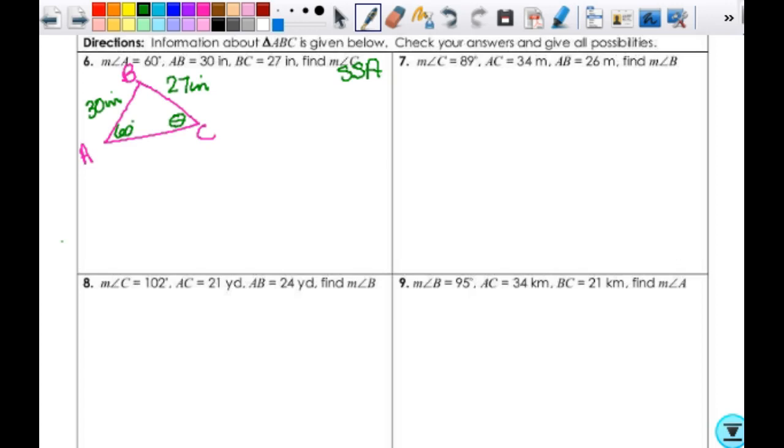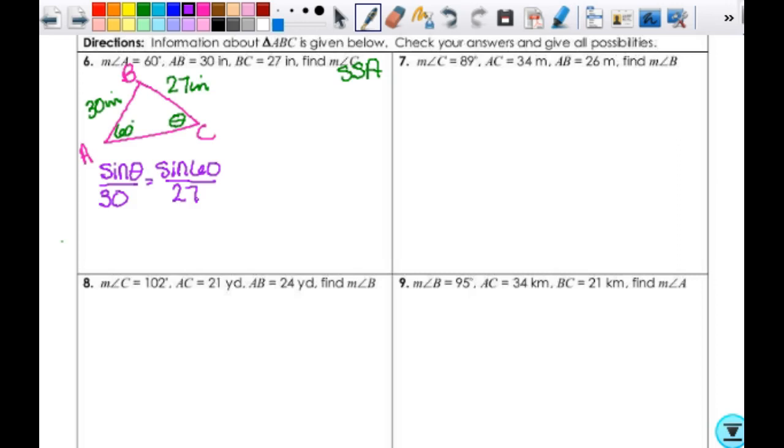All right, so let's go ahead and get this set up using the law of sines. So I'm going to take the sine of the angle that I'm looking for, so the sine of theta over the length of this opposite side, which is 30, is equal to the sine of 60 over the length of the side across from it, which is 27. So I need to get the sine of theta by itself.